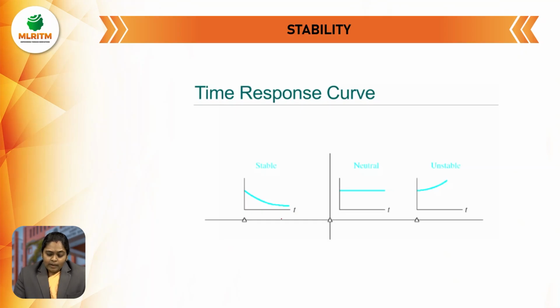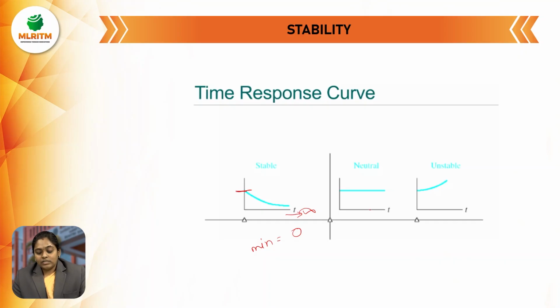As t tends to infinity, the amplitude of the signal is reaching towards 0, so there is a minimum value equivalent to 0, as well as a maximum value, which is some constant value. So this is nothing but called a stable system.